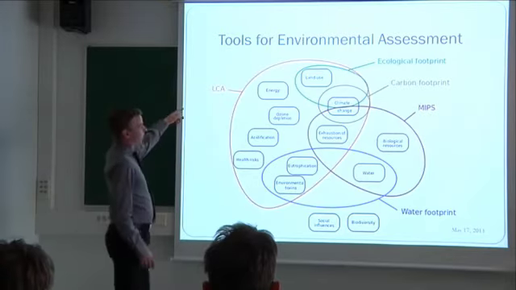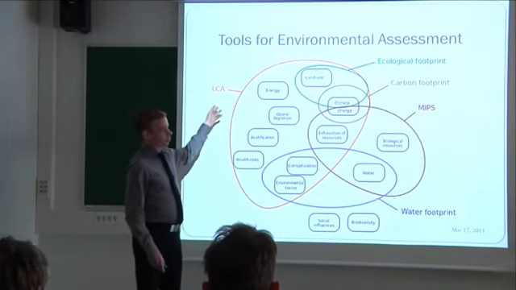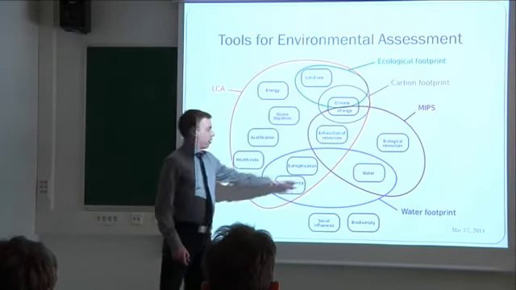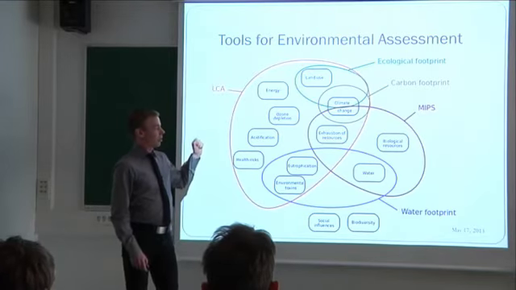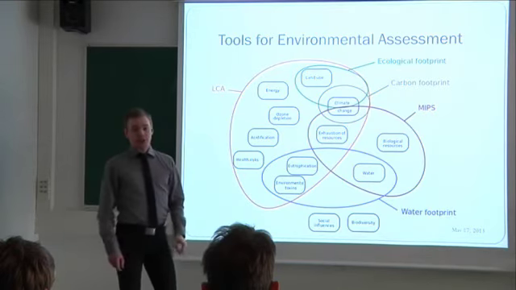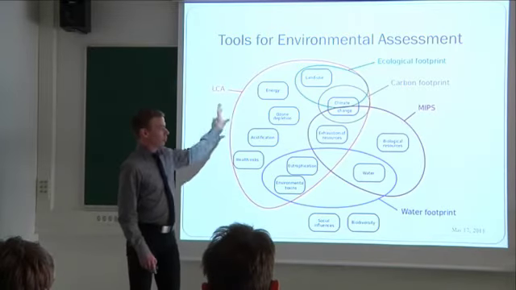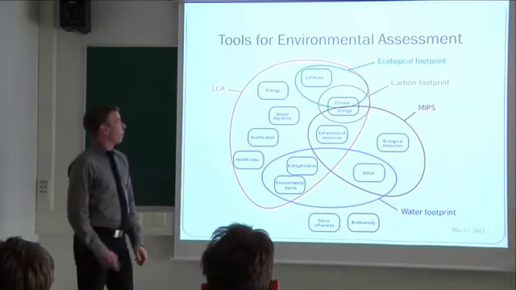Life cycle assessment, LCA, is widely used in industry, and it takes different aspects into account. It's the most comprehensive assessment method that we have, but it's also very heavy to use because it takes all these different things into account.